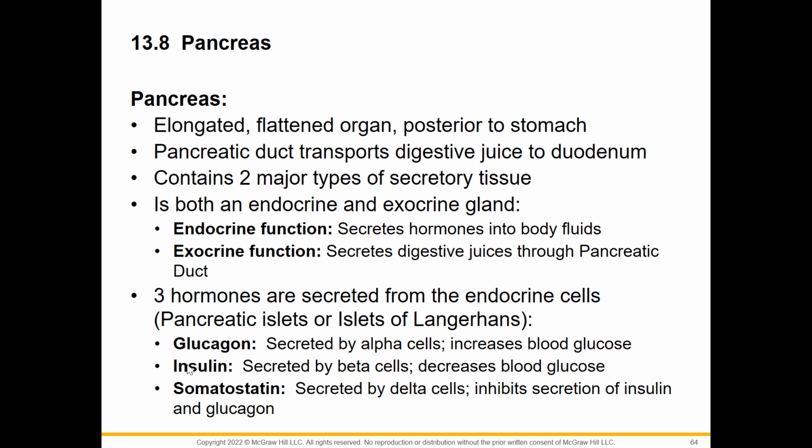And then that insulin will go into the bloodstream and take those sugar molecules and pull them into the cells so that the cells can use them as energy and you can have less sugar in your bloodstream.